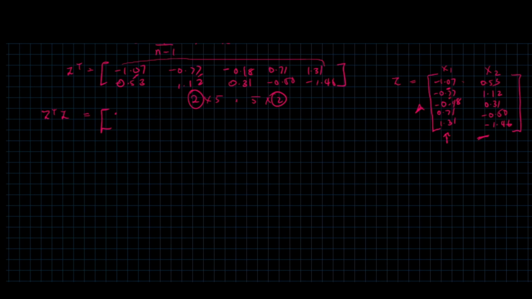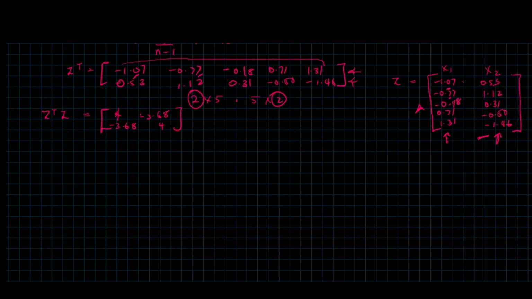When you get your final answer, you get 4. To get this second point here, you simply multiply this same first row but times the second column this time. This time you will get minus 3.68. The next one is this second row times the first column, minus 3.68, and this times the second column.